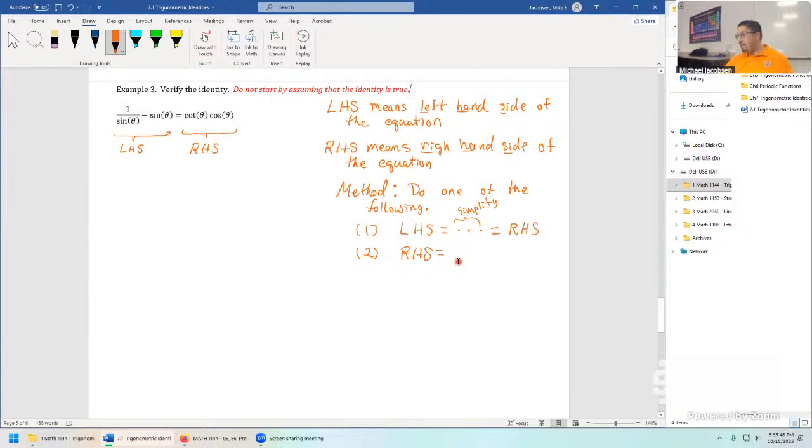So start on the right-hand side, and do the mathematical work of simplifying, expanding, whatever should happen until you get to the left-hand side. So this is the simplify work. Same thing we were doing on the very last 3 problems. Sometimes strategy 2 works really well. Sometimes strategy 1 works really well.